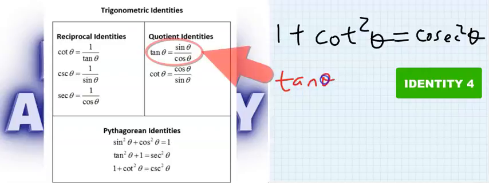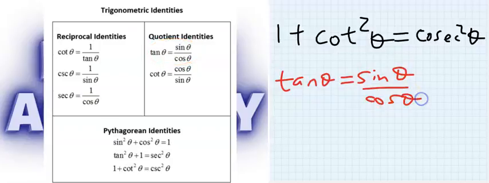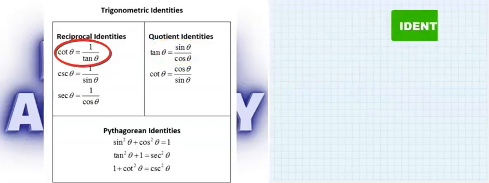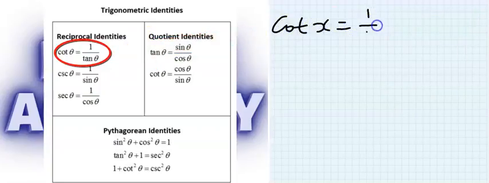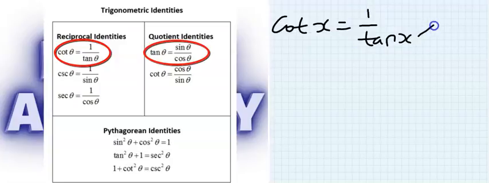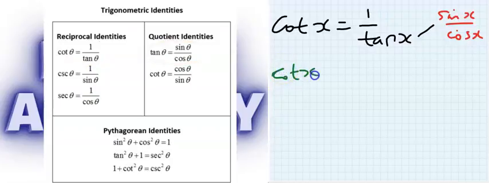Next, tan theta is sine theta over cos theta. Looking at this identity that cot, let me use x here, is 1 over tan x. But you see that this tan x is sine x over cos x. So if I put that here, as cot x is 1 over, instead of tan x, I can have sine x over cos x.